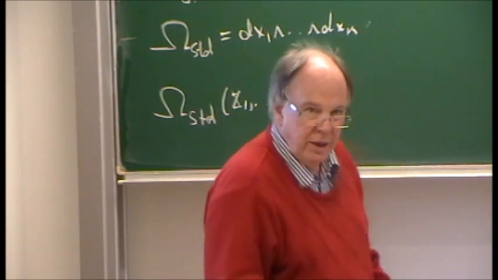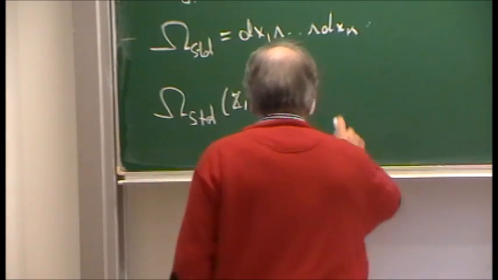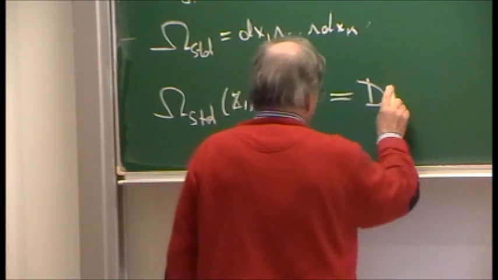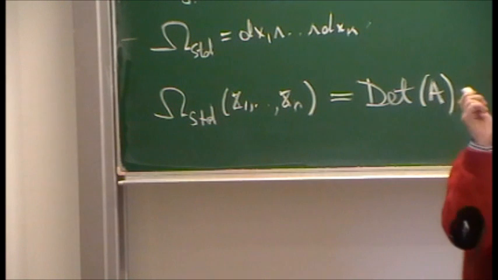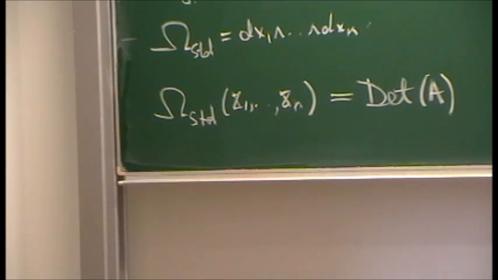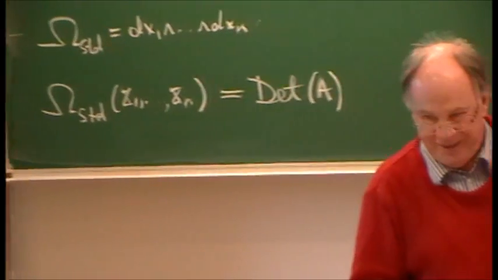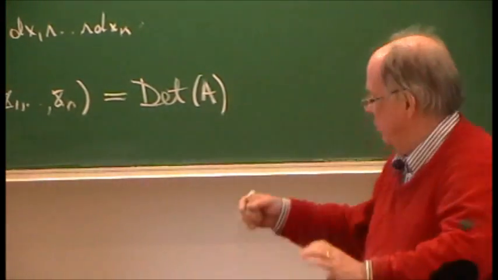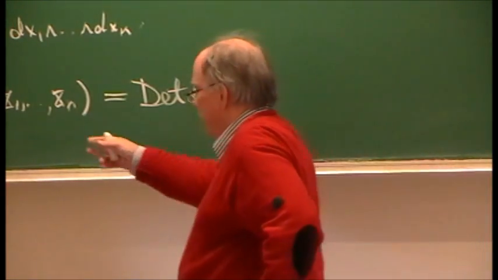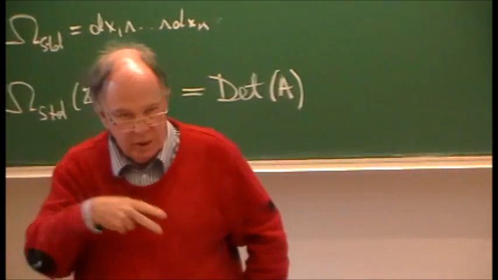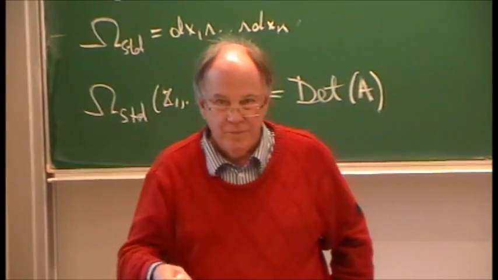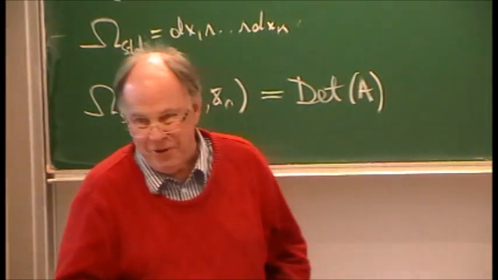But you don't need to, because you know this is the determinant of that matrix Aij. If you have a frame defined by column vectors, and you want to know whether those column vectors are positively oriented or not, you just check the determinant. The determinant has two signs, plus or minus. So a frame is either positively or negatively oriented.